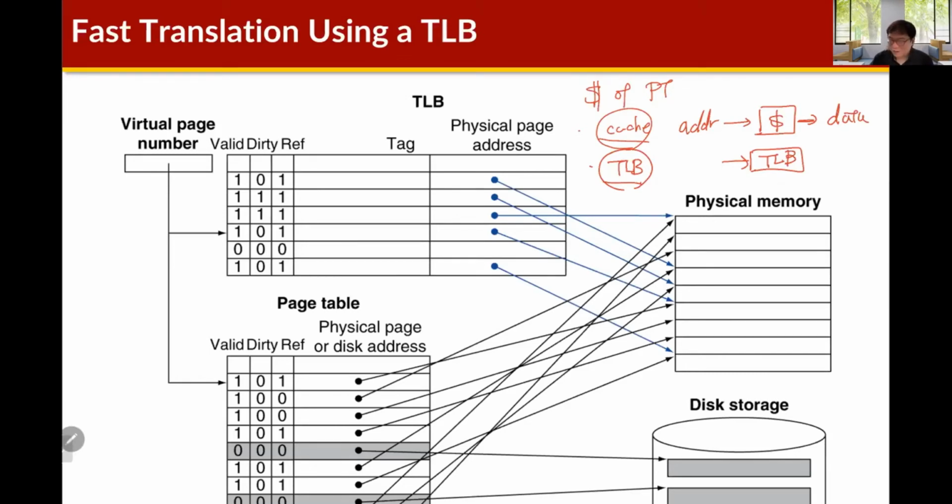So what will be given? In a cache, the address is given to the cache, then we can get data. Yes, right, the VPN. In a TLB, the VPN is given, because when we access the page table, we access it with the VPN. So the VPN is given, and then we can get the PPN and some other control bits.